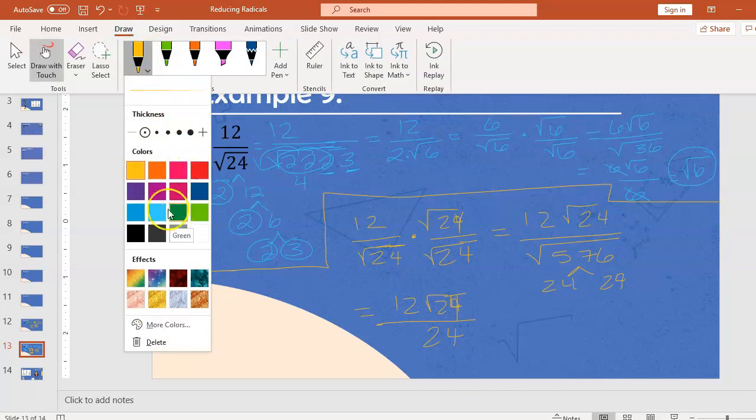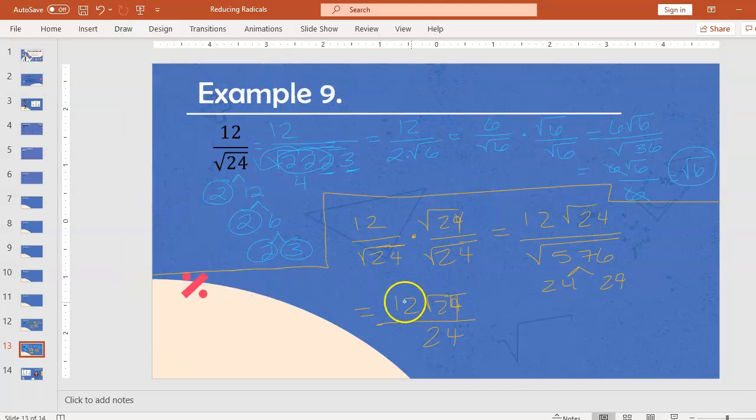Okay, so now we can reduce. 12 goes into 12 once, and 12 goes into 24 twice. So we get root 24 over 2. We're almost done. This is where we would look at root 24 and be like, okay, 24, that's a pretty big number. I wonder if it simplifies. And it does, right?